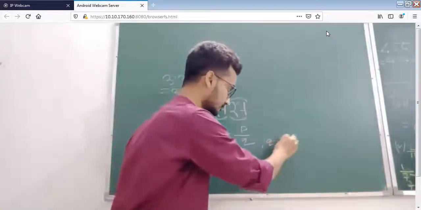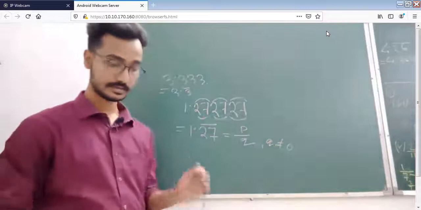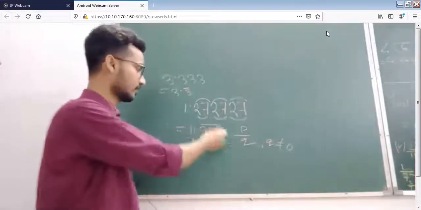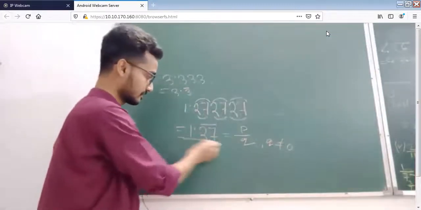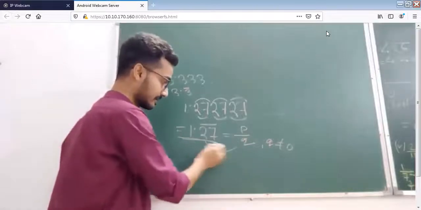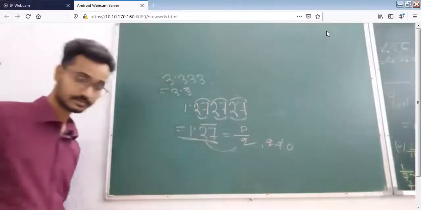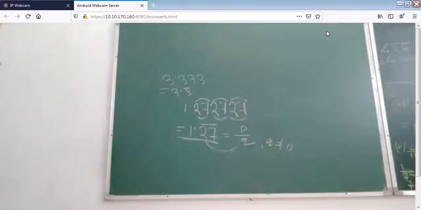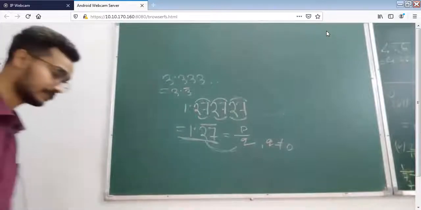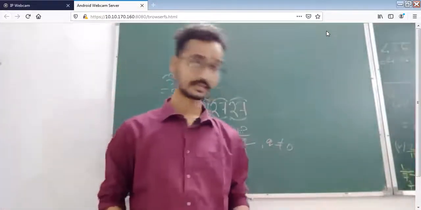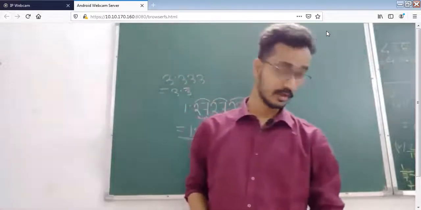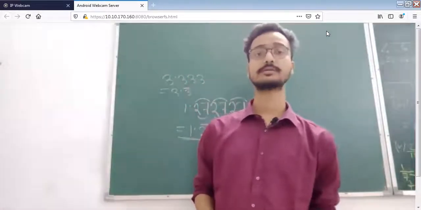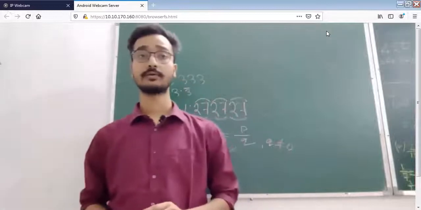That means we have to show that this number is a rational number, because we know the definition of a rational number: the number which can be expressed in the form of P by Q, where Q cannot be equal to 0 and P and Q are co-prime numbers.